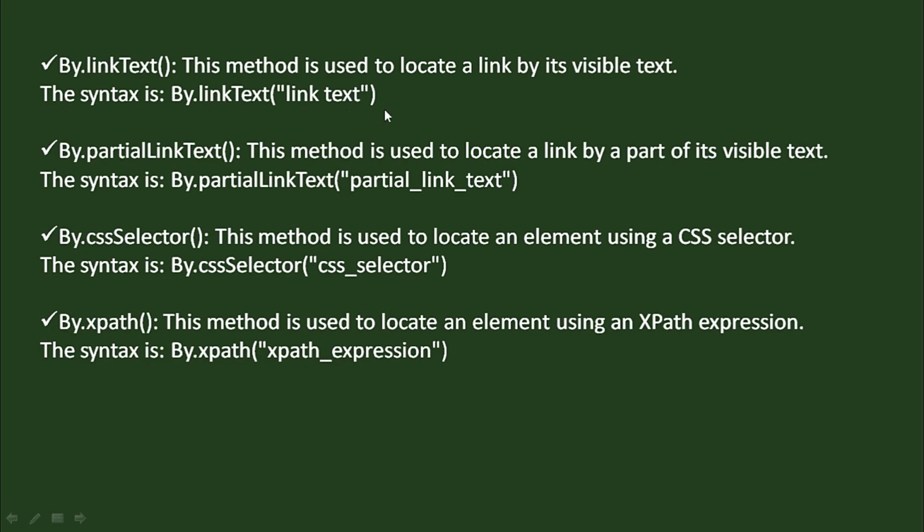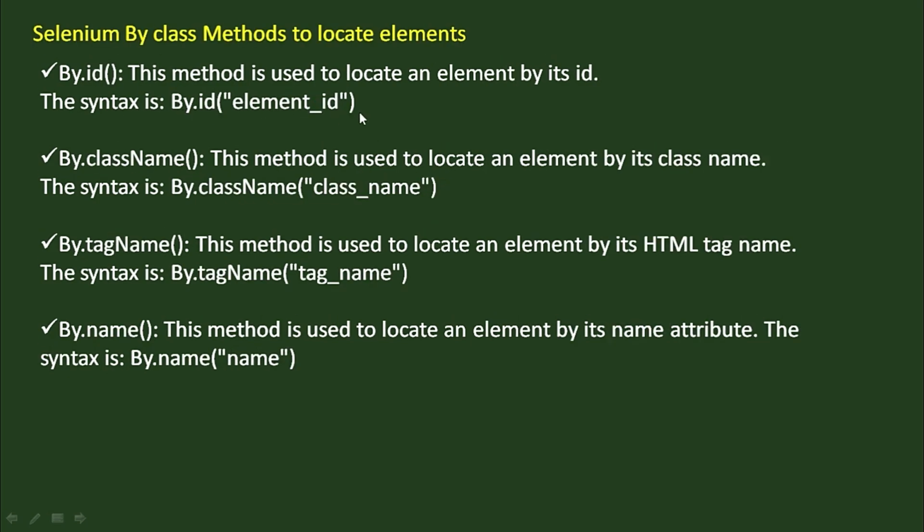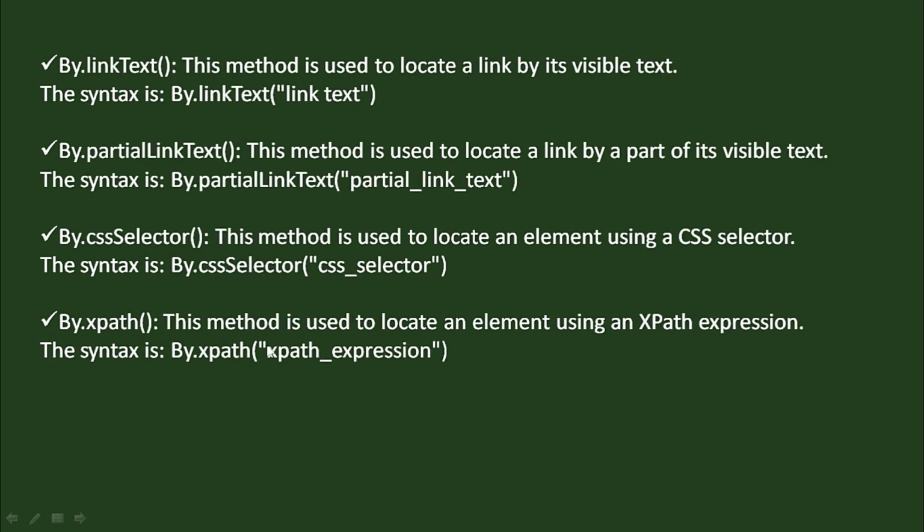So you need to understand this syntax. As a best practice, you can write all the syntax in your notebook: By.id, By.className, By.tagName, By.name. And when you are doing automation testing, you can practice by providing the link text value. You need to provide only the value.